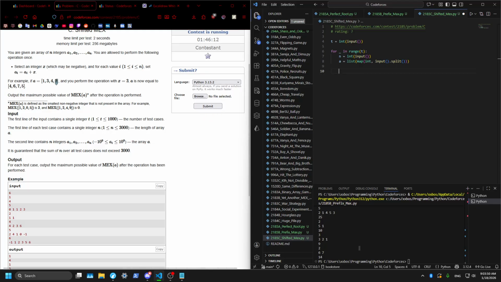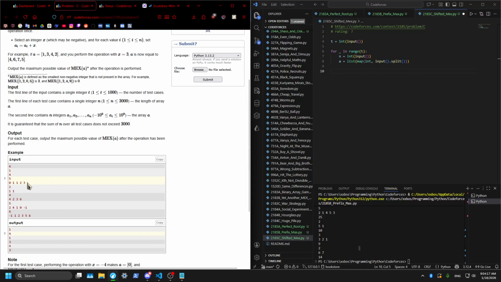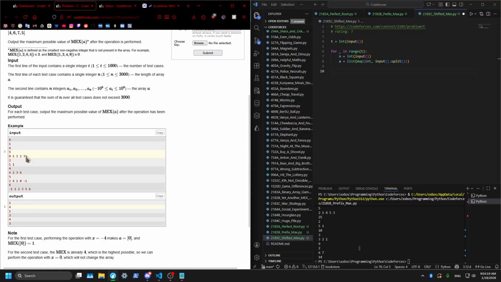So for this one, it would be 0. So -1, we would select -1, 3, 4. So given this case, 0, 1, 2.